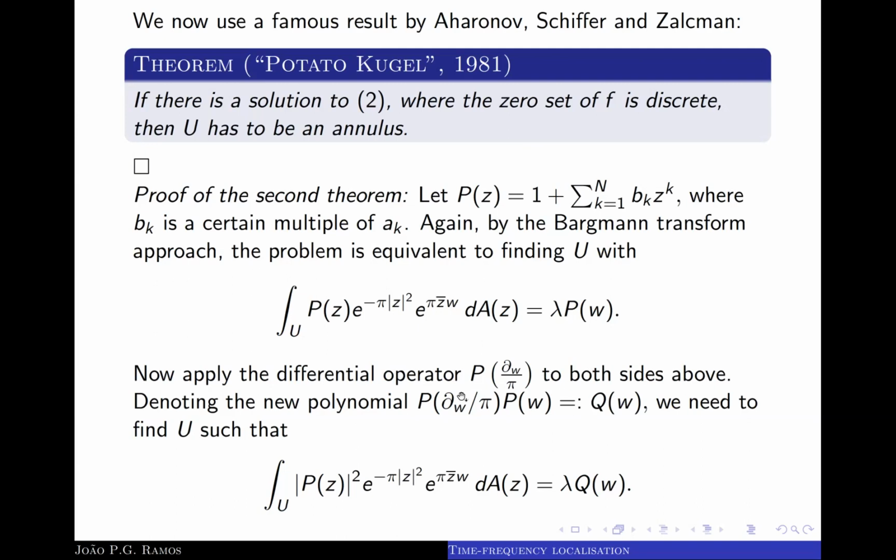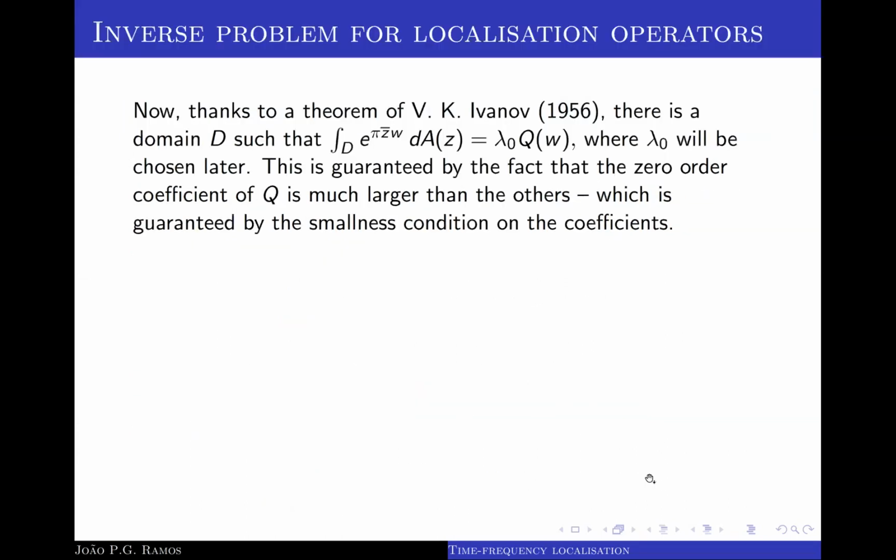And denote this polynomial that I get by differentiating P with respect to itself by Q of W, so we get this new polynomial. And our new task is, if we find a U that satisfies this first integral equation, then it has to satisfy this one below. So that is our first task right now. Then we can use the same strategy as before.